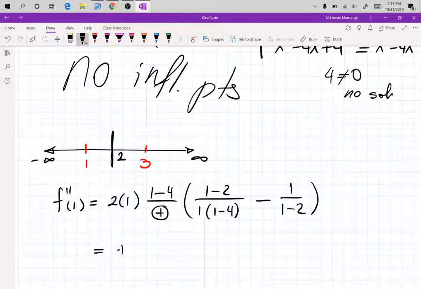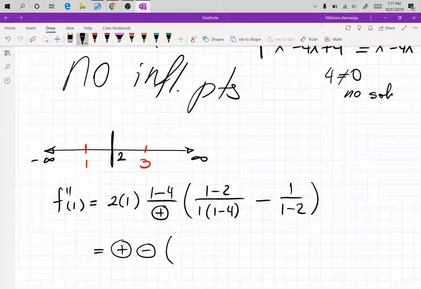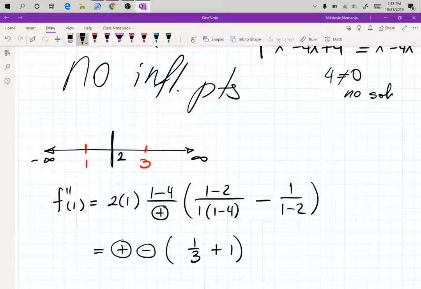So I have a positive number times a negative number, and over here I have a negative divided by a negative, which is, oh no, I have to compute everything because of the subtraction. So this is negative 1 over negative 3, so that's 1/3, minus, and minus is a plus, and I have 1 over here. So that's a positive number, so altogether it is negative.